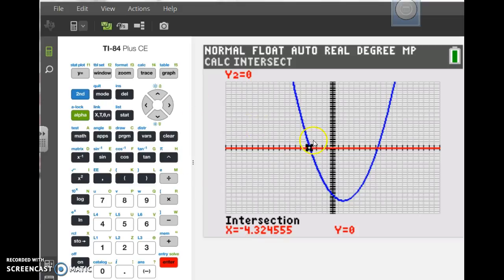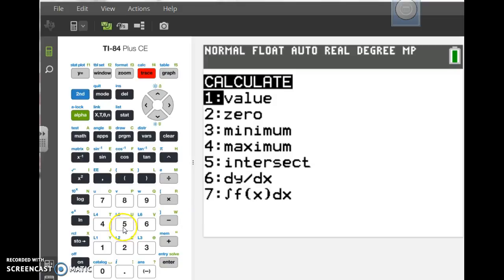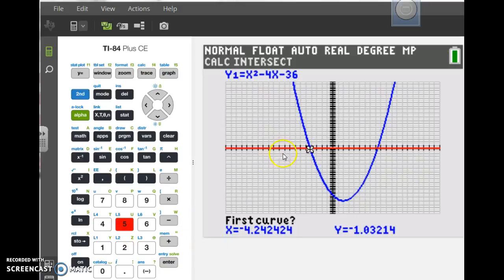All right, let's do the other one. Second intersect for number 5. I want to use the first curve, the blue one, yes. Second curve, the red one, yes. And now for the guess, I move it close to where I want it. I'm looking for the other intersection, which would be, that's close enough, enter, 8.32.